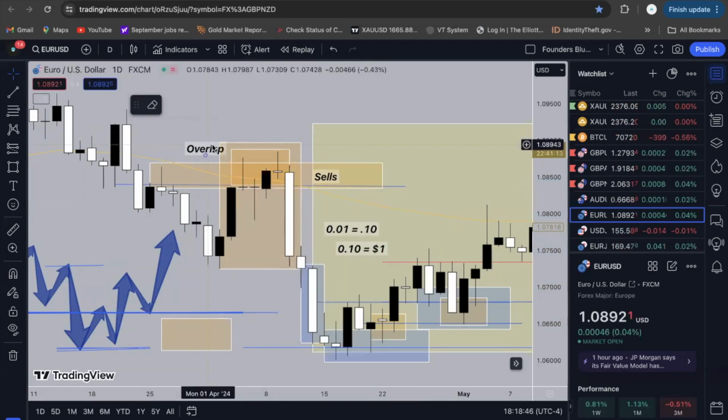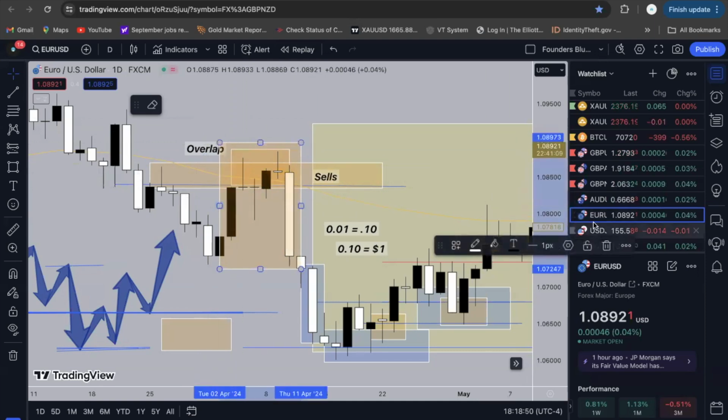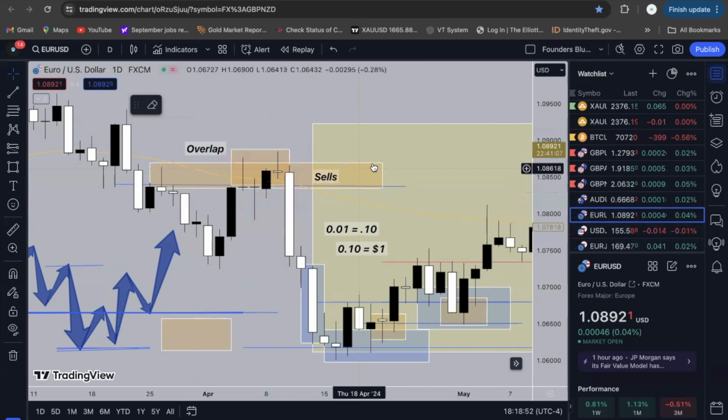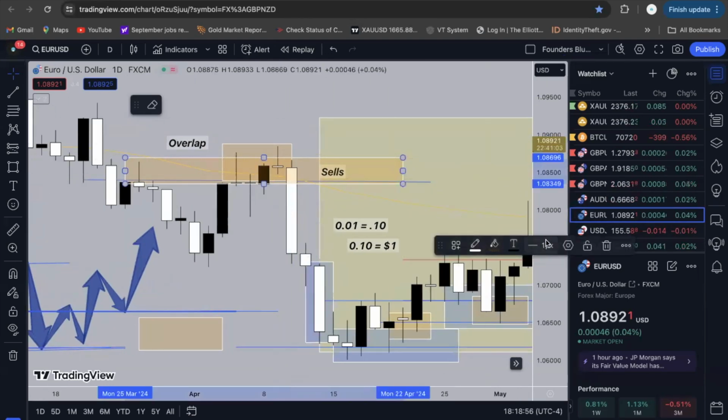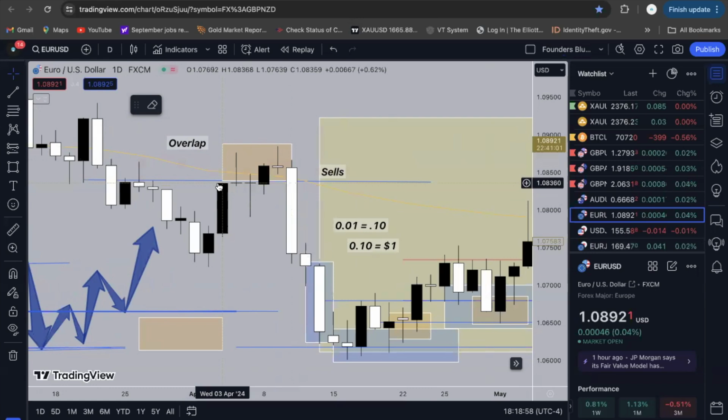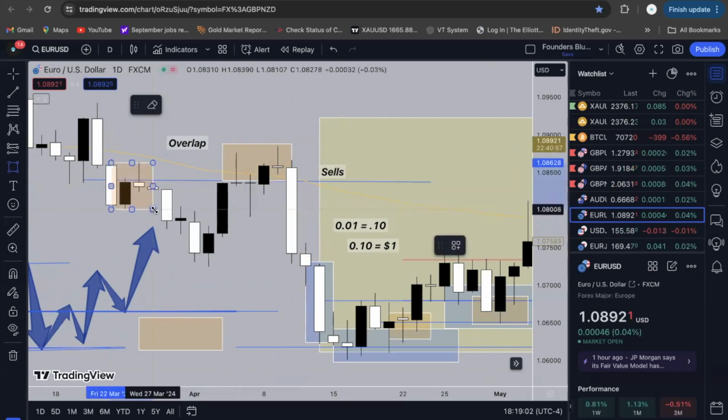So why would this be considered an overlap? From this level, what happened in the past? What's this black candle right here? What does that represent?